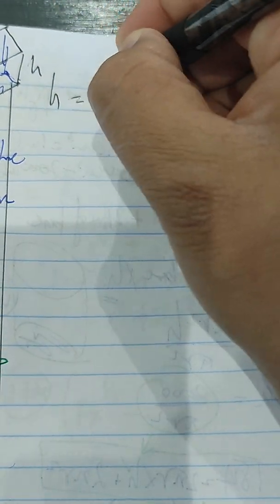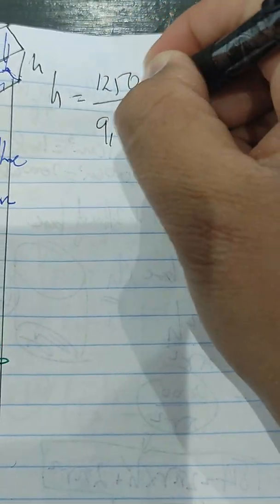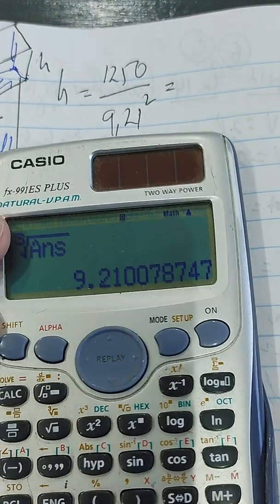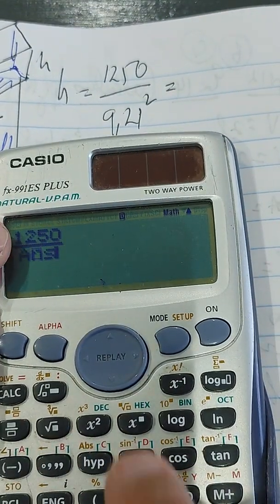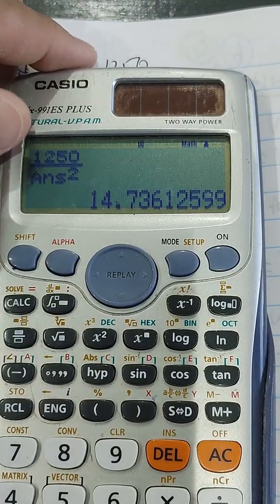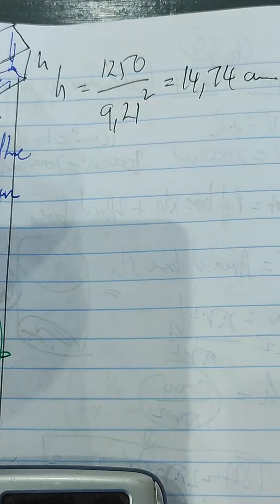The height follows the formula 1250 over x squared, which is 9.21 squared. Let's put that in a calculator. It's 1250 over answer squared. It's going to give you 14.74 centimeters.